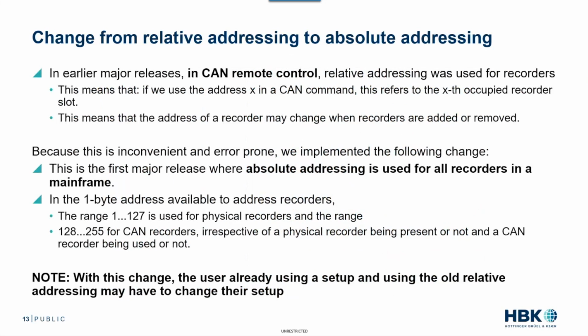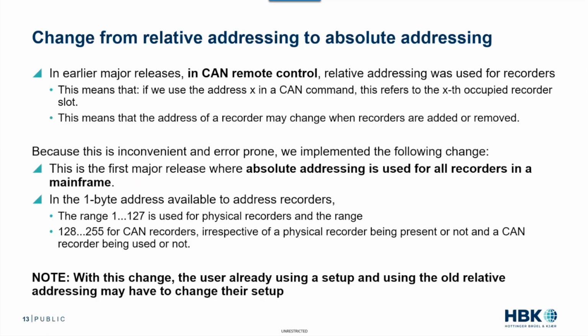We also changed from relative addressing to absolute addressing. So let me kind of explain. By relative addressing, what that meant, our mainframes have modules and they're configured by the user to meet their requirements. So let's say I have a 7-slot mainframe and I have modules in slots 1, 2, and 3, and then I have my CAN bus recorders.